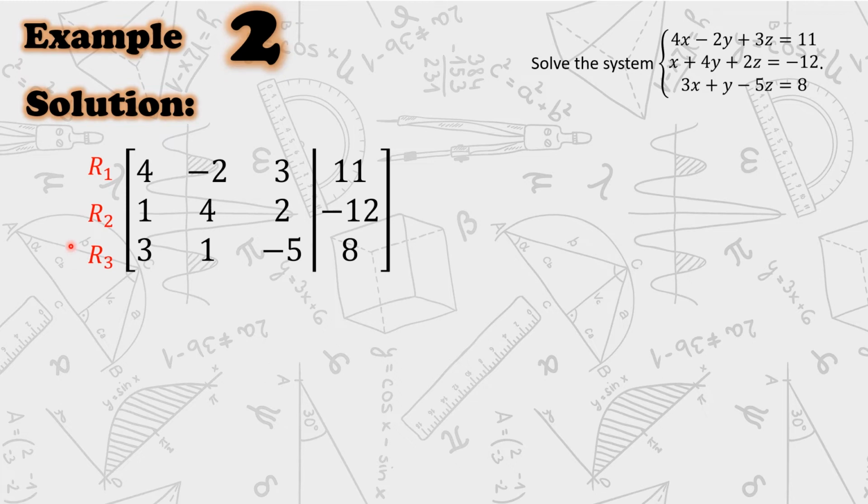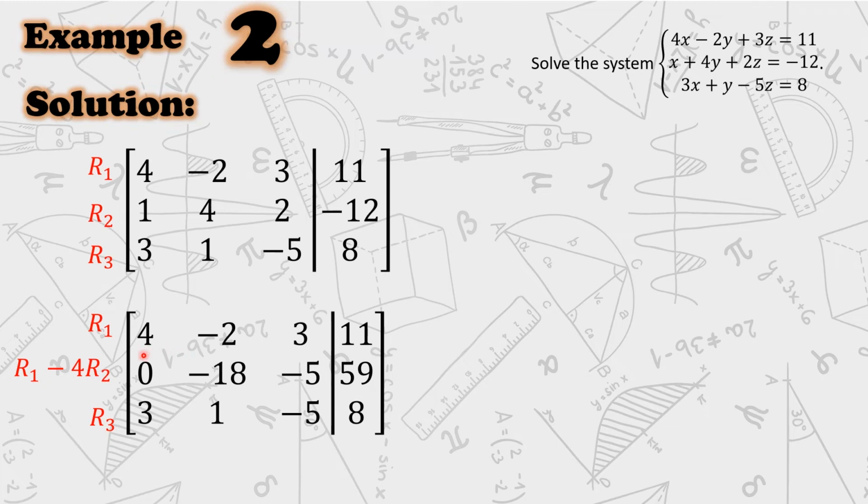So we are ready to perform row operations to have the second row first column element to be 0. To do that, we're going to have R sub 1 minus 4 R sub 2. And then we're going to retain the elements in row 1 and row 3. So we have, for the second row, first column element, 4 minus 4 times 1, that is equal to 0.